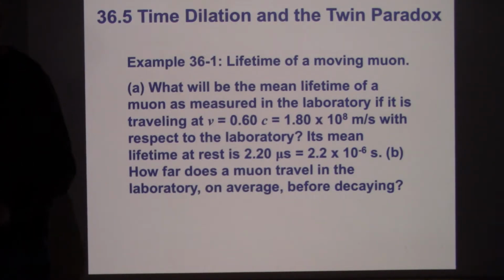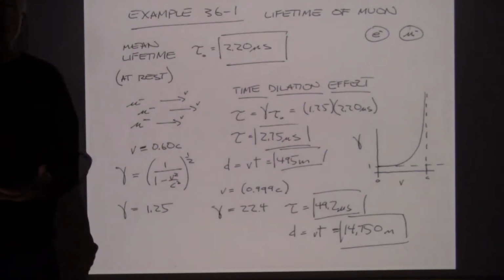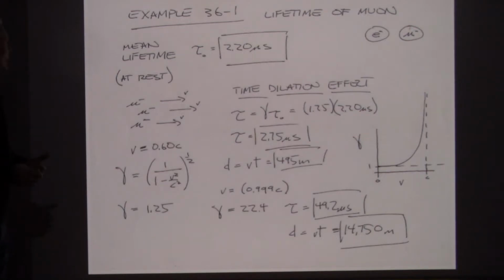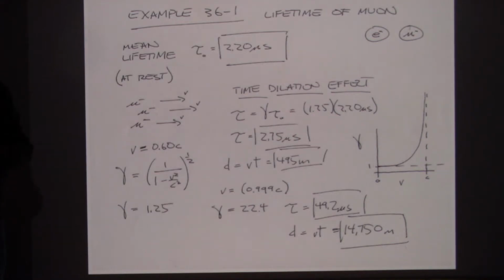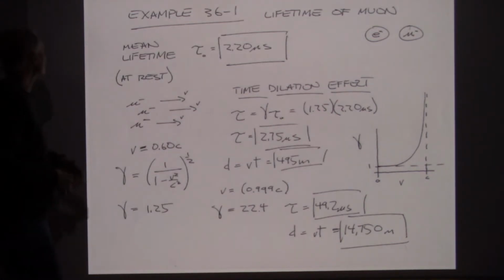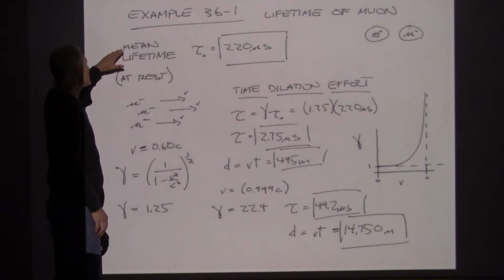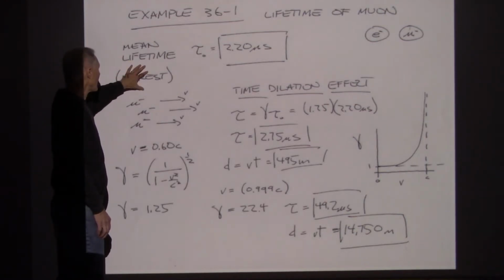Now, if you're familiar with radioactive decay or the decay of unstable particles, you're aware that there's not a fixed lifetime. There's kind of a statistical distribution. Some of these particles will live longer, some will live shorter. What we're specifically referring to is the average or the mean lifetime for a muon at rest.